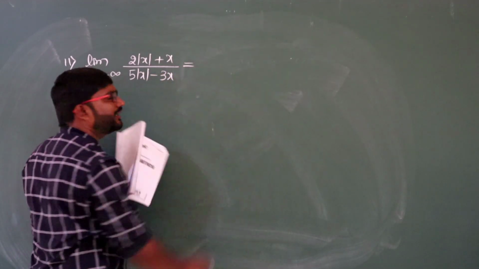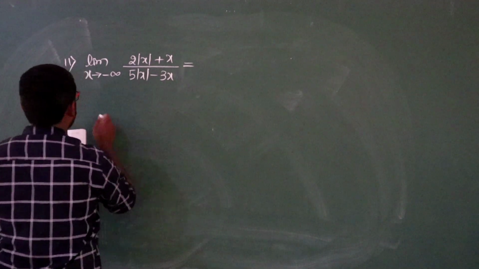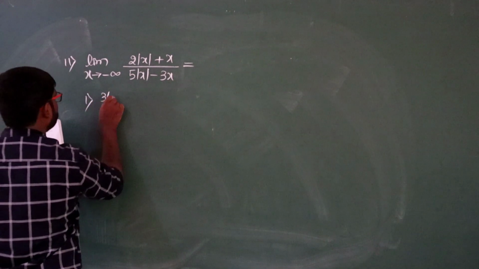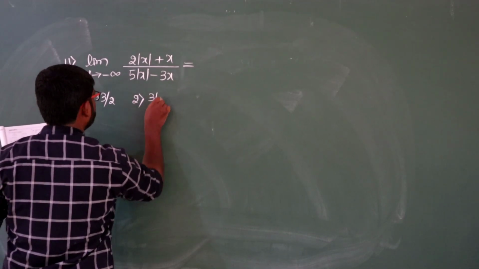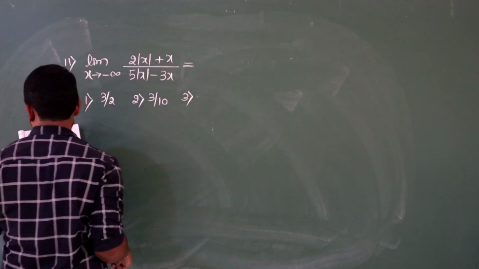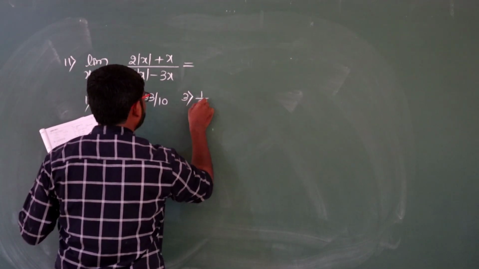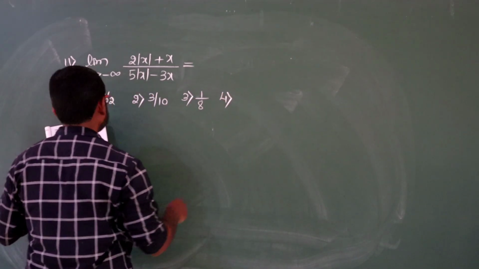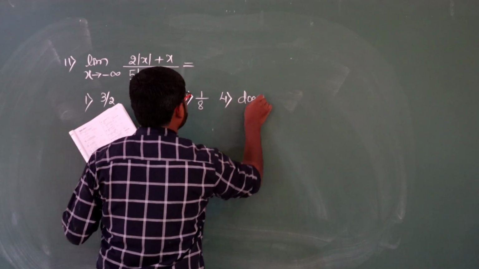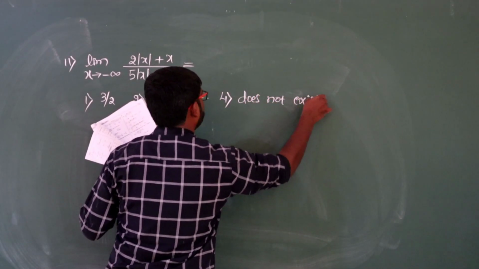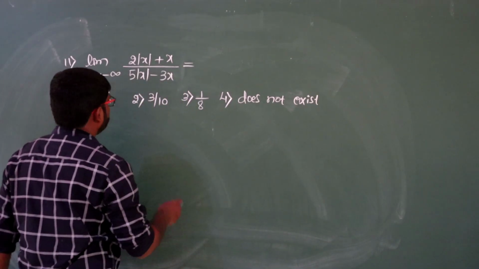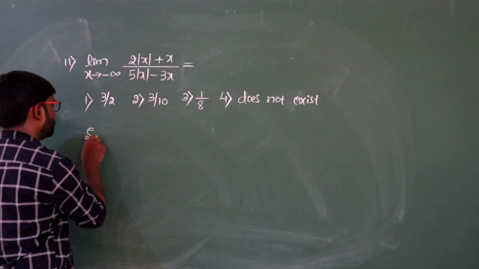This is equals to, and the 4 options are, option 1 it is 3/2, option 2 it is 3/10, then option 3 it is 1/8, option 4 it is does not exist. So let us solve this.